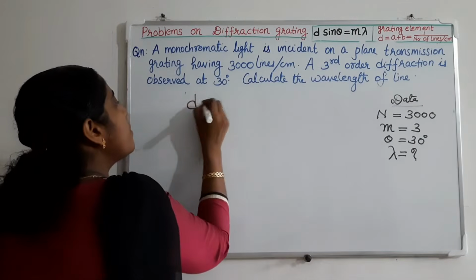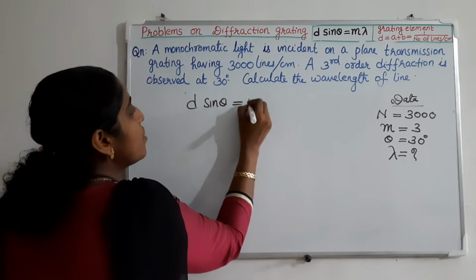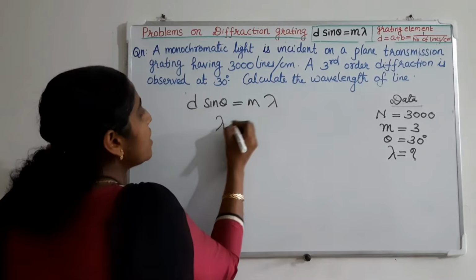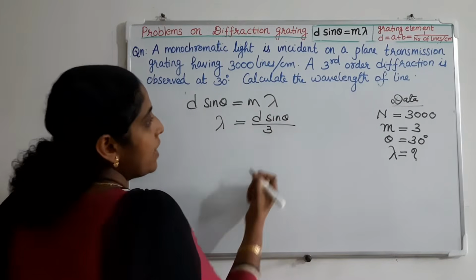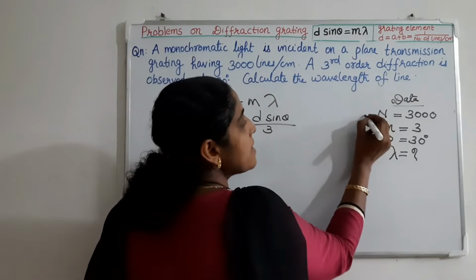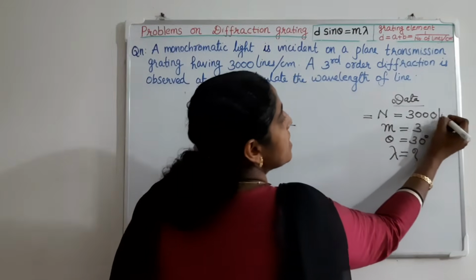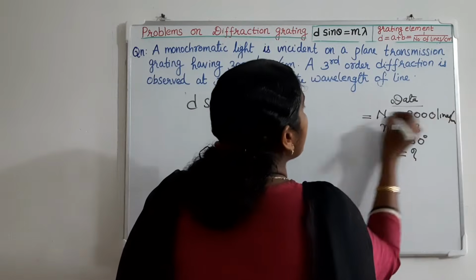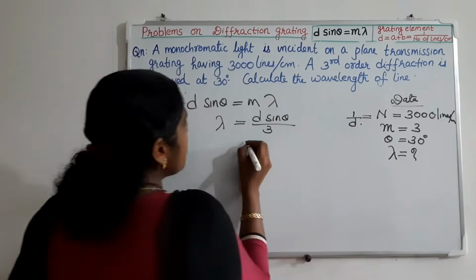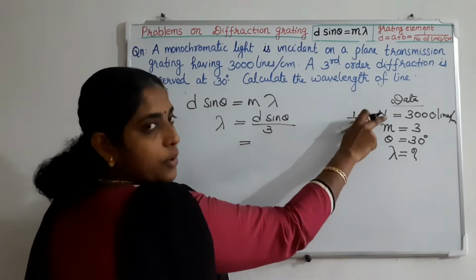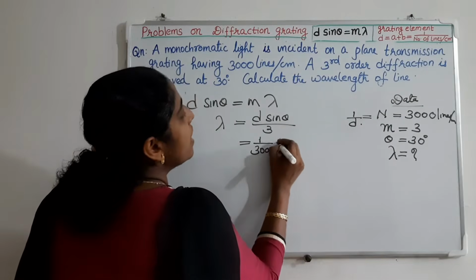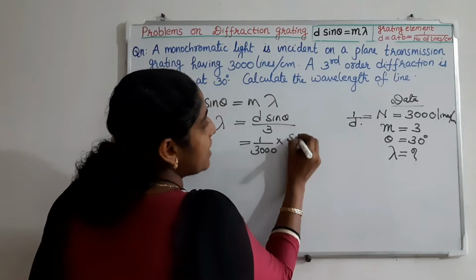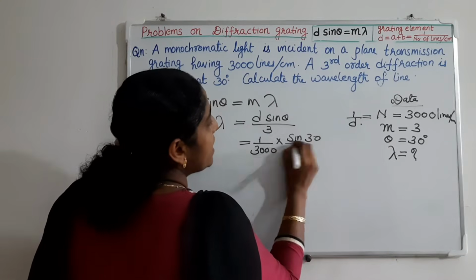From the grating equation d sin theta equals m lambda, the wavelength of light lambda is equal to d sin theta divided by m, where the number of lines per centimeter and the grating element are reciprocal to each other. So d is the reciprocal of the number of lines per centimeter, that is 1 by 3000, into sin theta, that is sin 30, divided by 3.